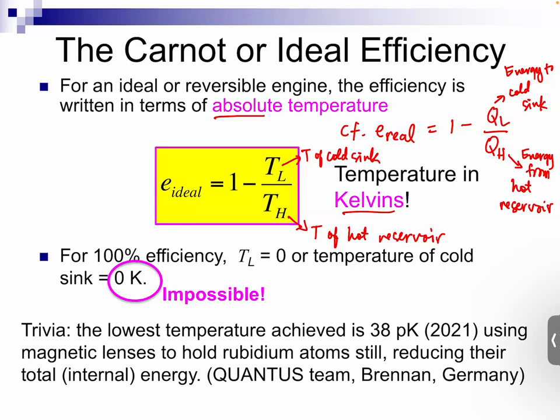So to date, the world record for the lowest temperature achieved in a lab is 38 picokelvins. Pico is times 10 to the minus 12. So this is 38 trillionth of a Kelvin. So it's very, very low, okay, but it's not zero.